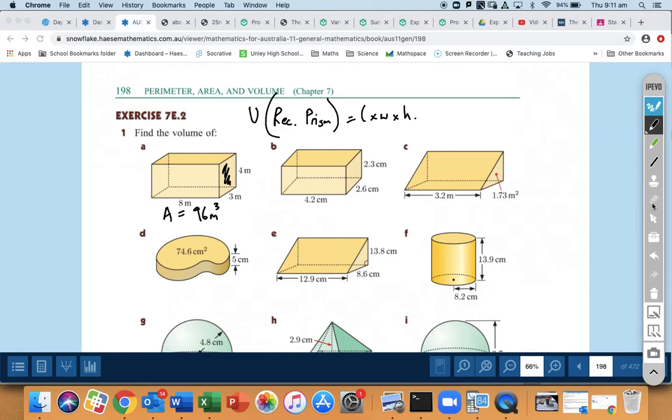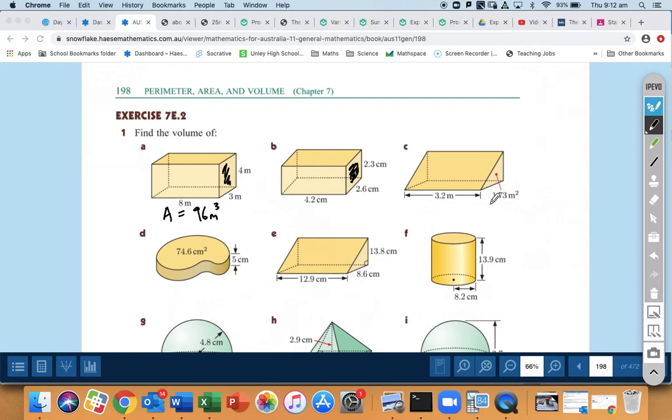But for me, I've always got this idea in the back of my head when it comes to volumes that if I know the area of the end, it's quite easy just to remember the area of a rectangle, length times width, and then times it through the length of the shape, because then this will work for other shapes, right? For example, this triangular prism.